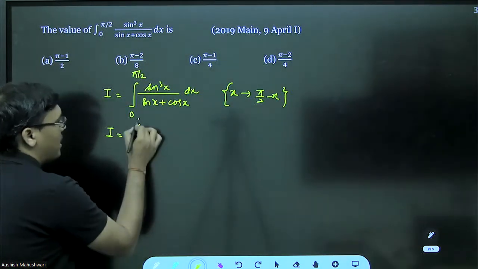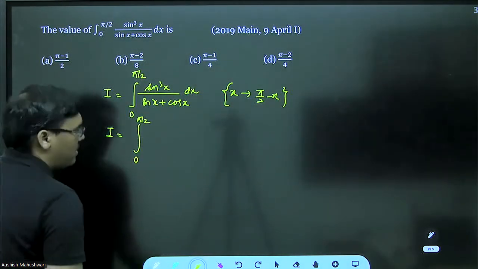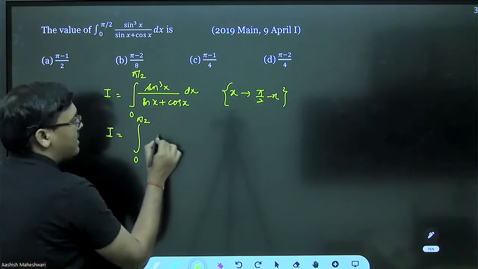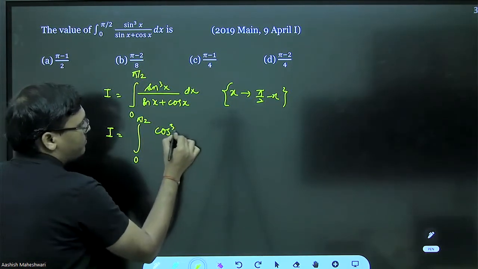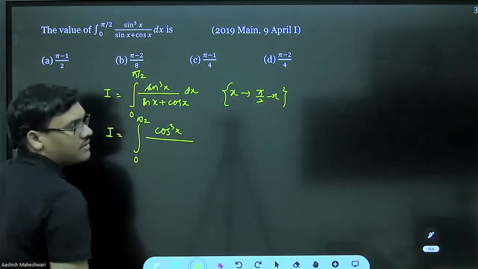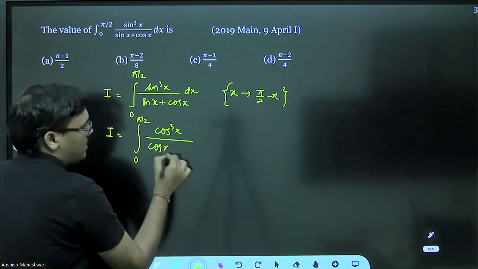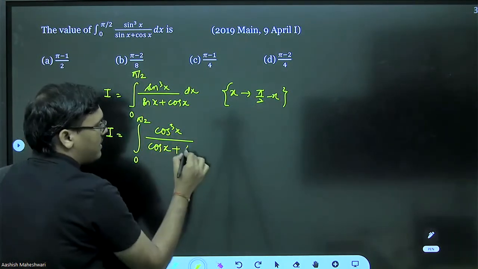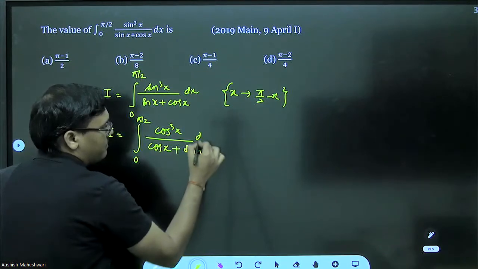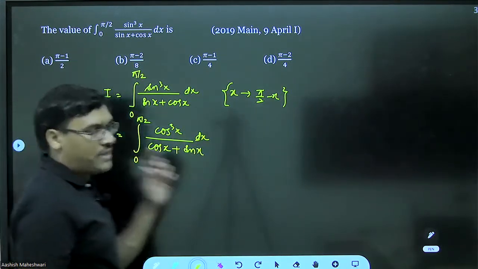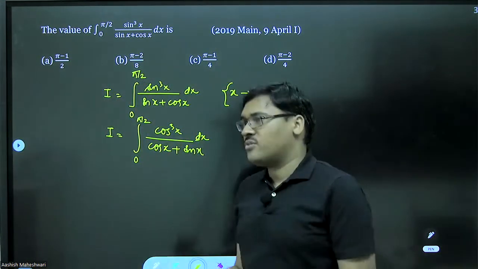So this is the integral from 0 to pi by 2, the limits remain the same. Sin of pi by 2 minus x will become cos cube x, divided by sin of pi by 2 minus x, which becomes cos x, plus cos of pi by 2 minus x, which becomes sin x. So you see the thought process behind solving this integral, and why I have used this property.